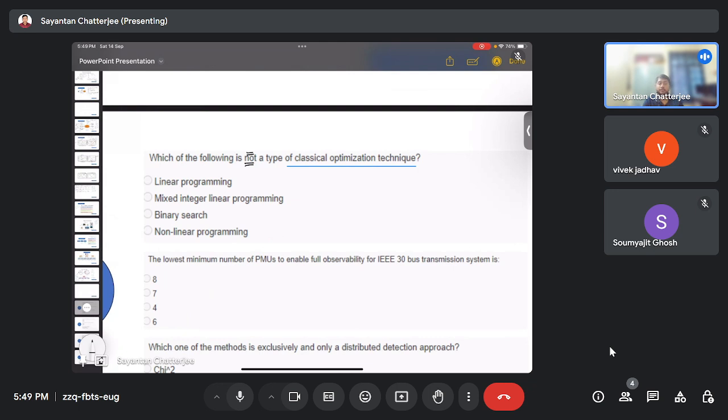Because this type of question can come in the exam. So this is binary search.